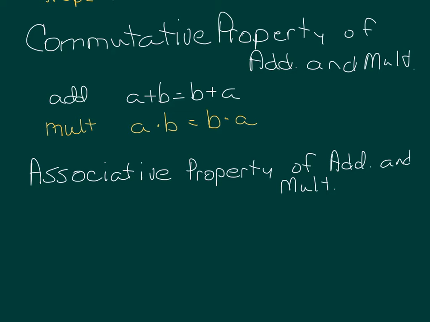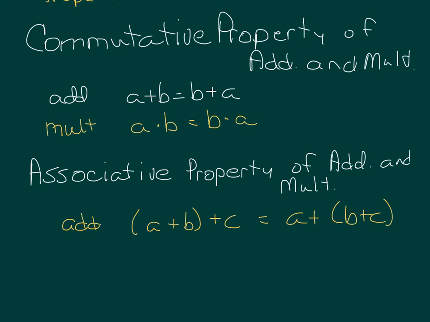At advisory, you might associate with one group of friends, but at lunch you might associate with a different group of friends. So when we talk about the associative property for addition, an example would be (A plus B) plus C equals A plus (B plus C).